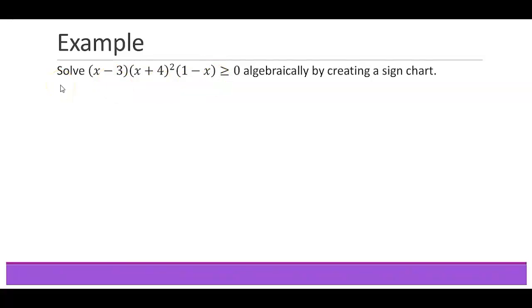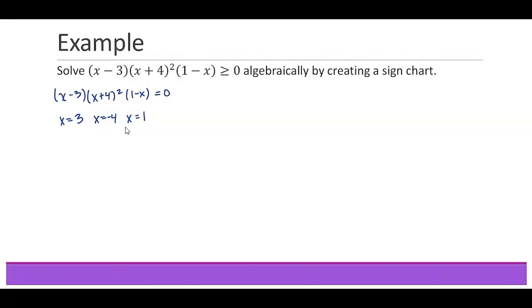Similar to quadratics, what we need is the zeros, but since it's already factored, x minus 3, x plus 4 squared, 1 minus x equals 0, we can easily find all of the zeros. We get x equals 3, x equals -4, and here we'd get x equals 1. So what's the value that will make 1 minus x equal 0? Well, +1.